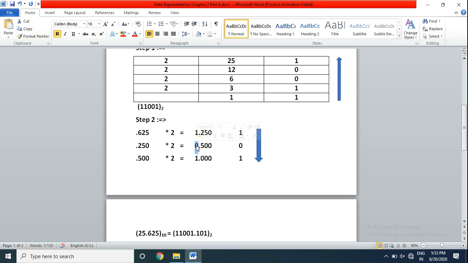This 0 we write here, and 0.50 we multiply by 2, giving 1.000. This 1 we write here. Now our point value is 0.000, so no further calculation can be done. Our output is 101. We write this output from up to down. So our final output is 11001.101.